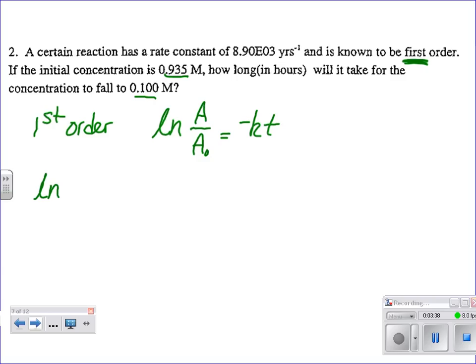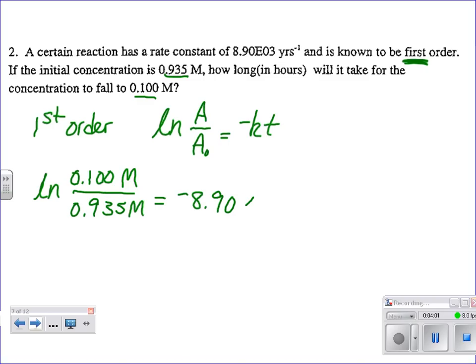Natural log of your concentration after a given amount of time is 0.100 molar, and you divide that by your original amount, which is 0.935 molar. And that's going to be equal to negative of your K value, so negative 8.90 times 10 to the third, and that's going to be in years to the -1.